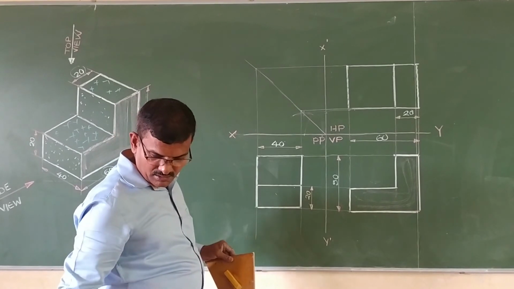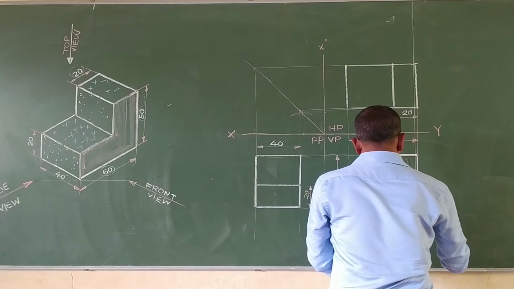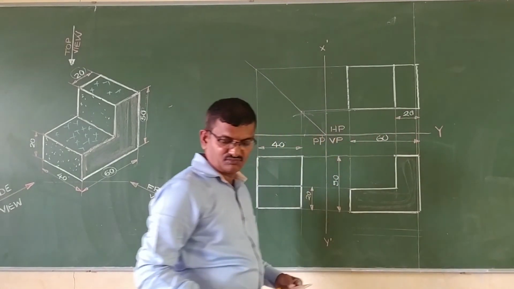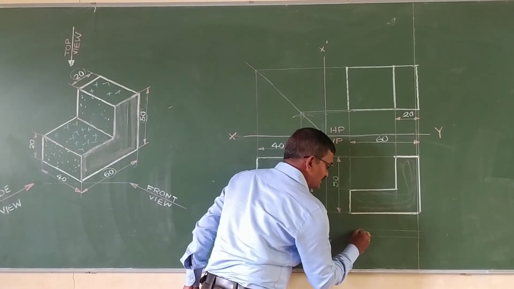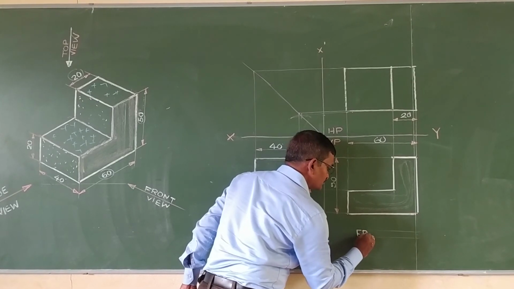Now write the views' names. First we have to draw two horizontal thin lines with a 5 mm gap. In between that, in capital letters, we have to write the name of the views.